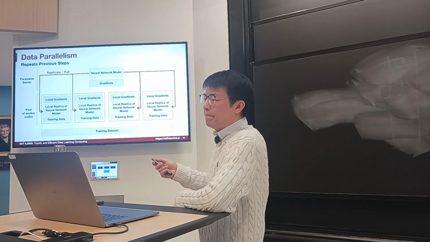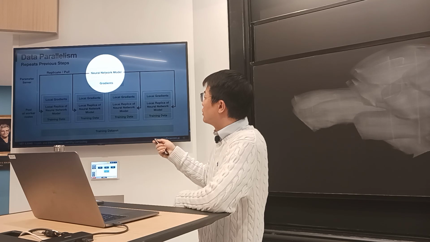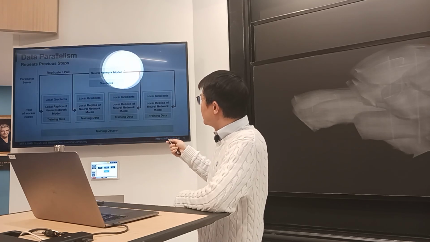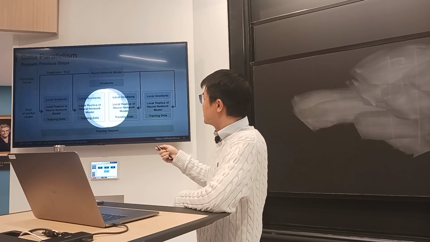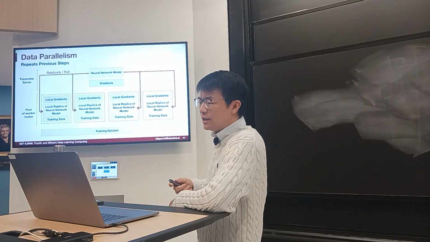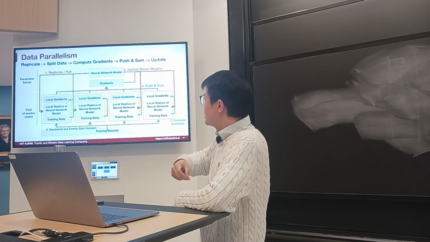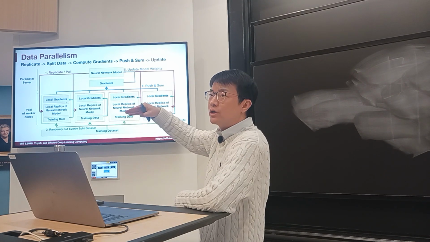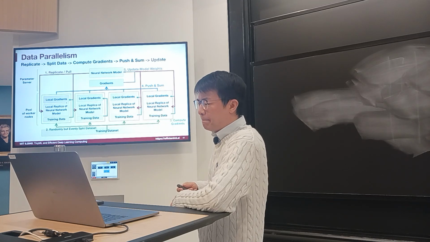So now each worker will replicate and pull the updated model to update its local copy. Otherwise, its local replica will be stale. Okay, now the new model is going to be replicated, and then repeat this process: pull the model, split the data, calculate the local gradient, send it to the parameter server, update the model, and then each worker pulls it again.